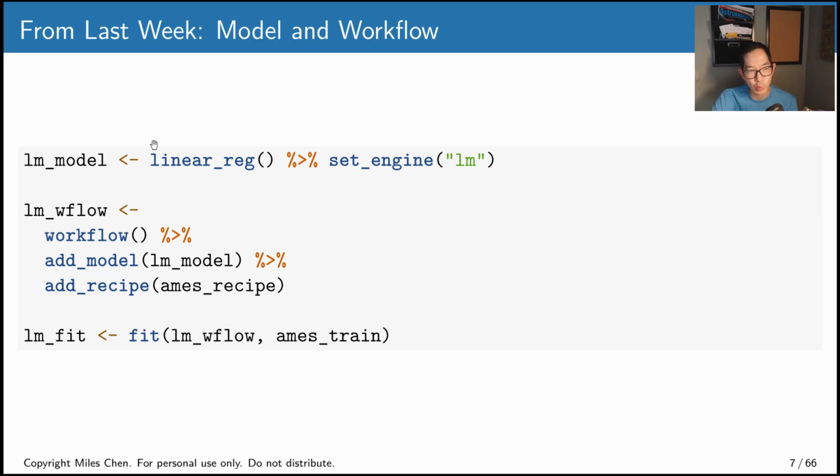So we have the LM workflow where we start off with an empty workflow, which is an object created by Tidy Models, and then we added the model. We did add model, and we added the recipe, which we had defined. And we're going to fit this workflow to our training data. So we called fit on the LM workflow, and we apply it to the Ames training data, and there we fit it.